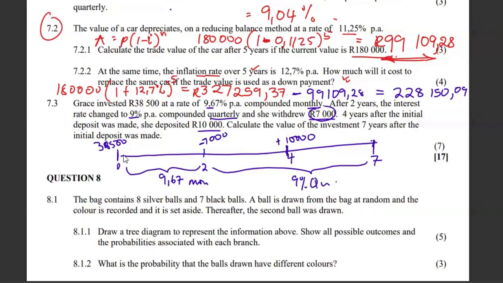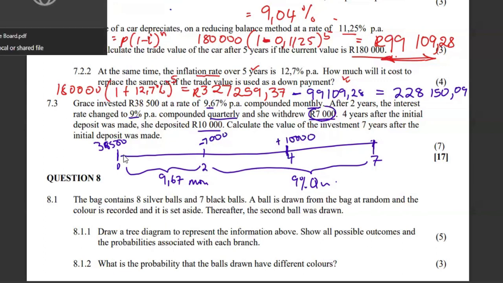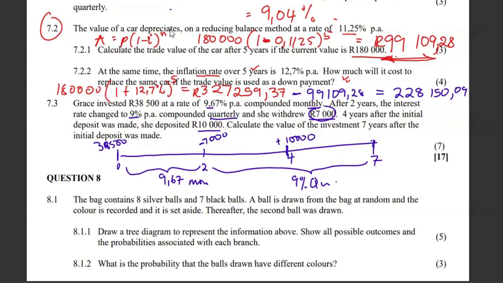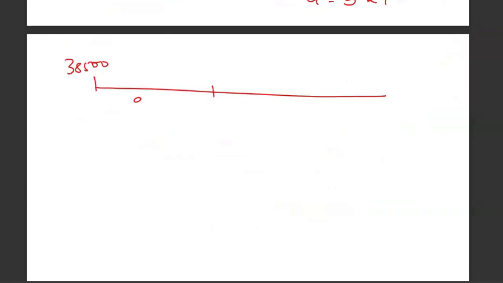Okay, so there are 2 ways to do this. Number one, let me put it this side. We are saying it's 38,500. And then we're going to have 9.67%. That is year 2.